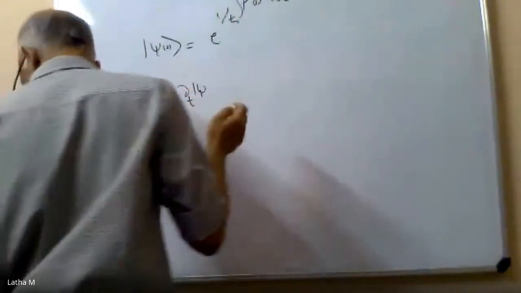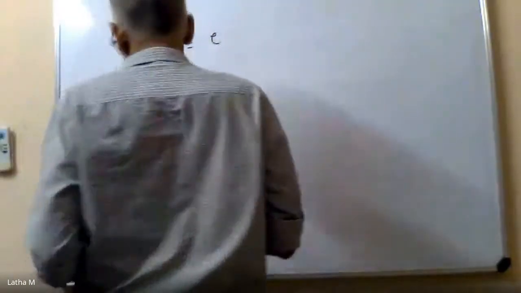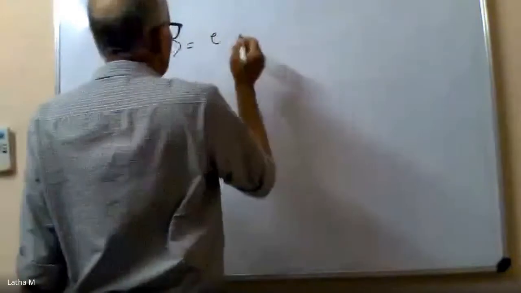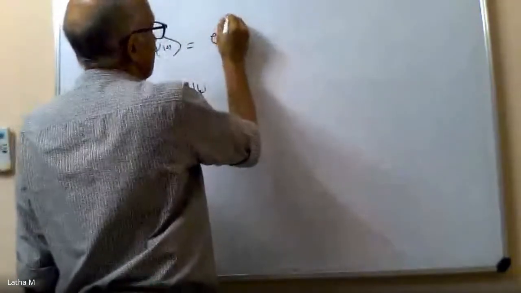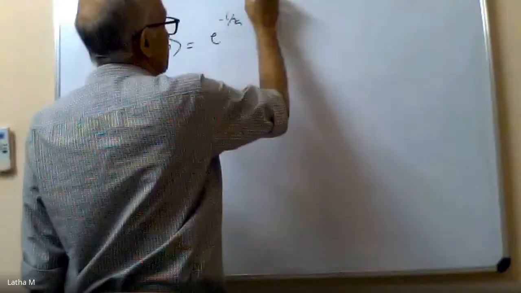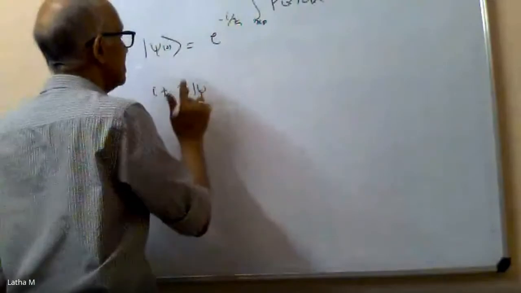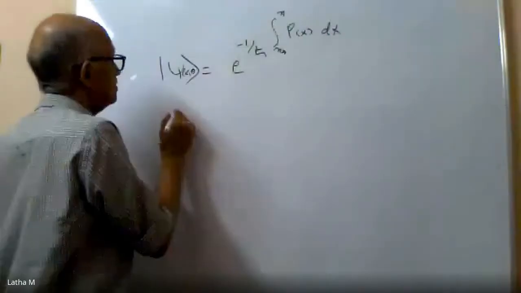From that first expression, we can write the momentum state as I by h cut integral from x0 to x of px dx, and from that we can get dx psi equal.